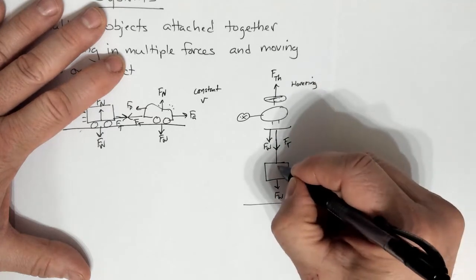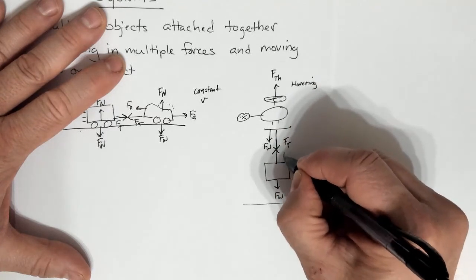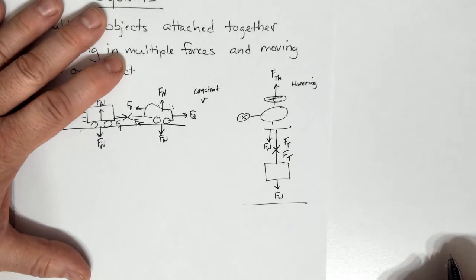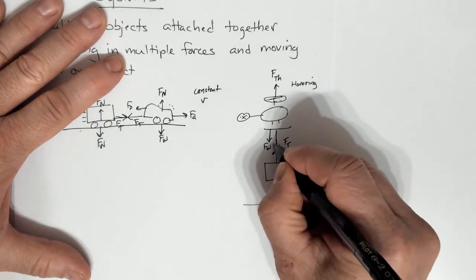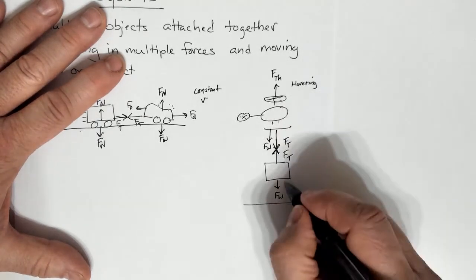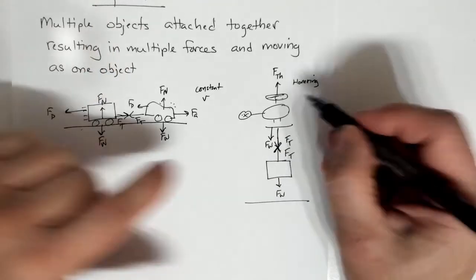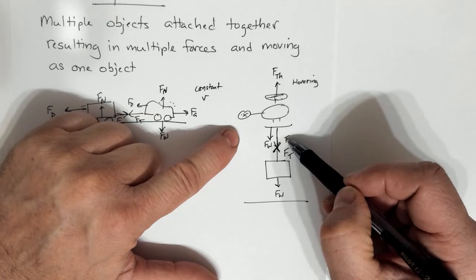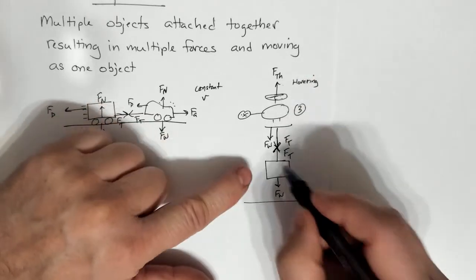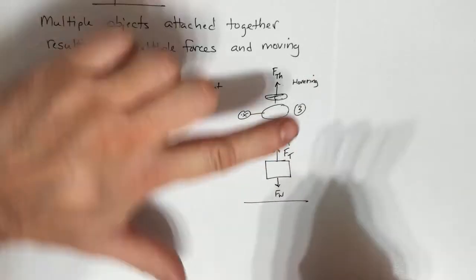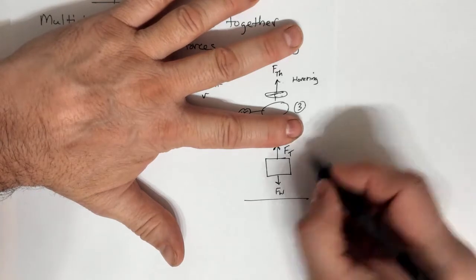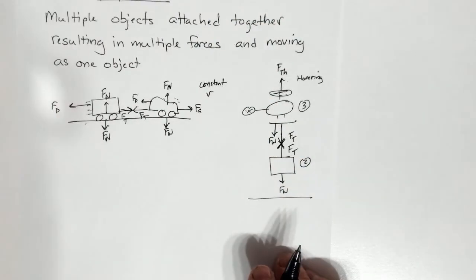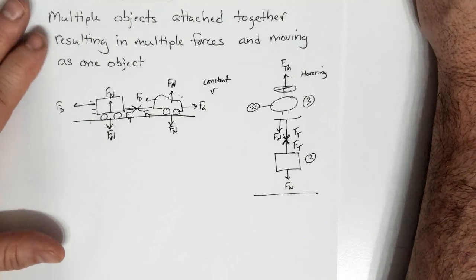But then the cable and the box would also have the same force of tension acting upward. So that's an upward force, and this is a downward force. And then it would have the force of weight. So this one would have 1, 2, 3 forces total, and then this box would have basically 1, 2 forces. Okay?